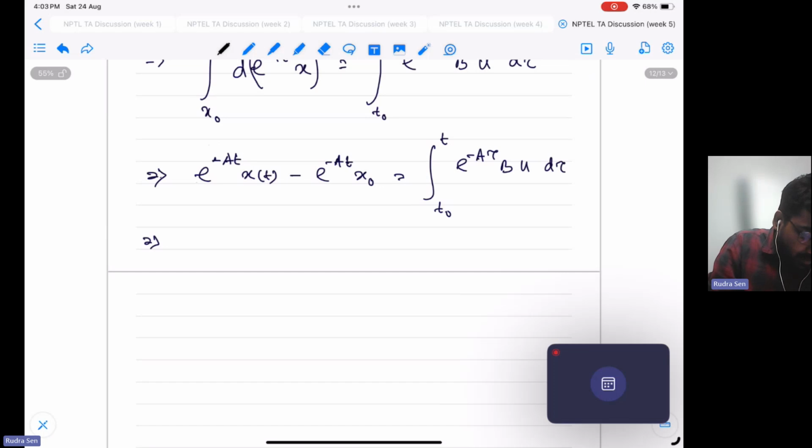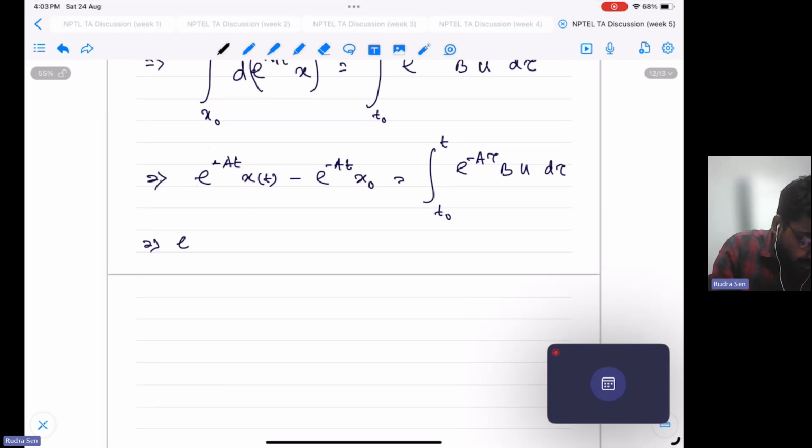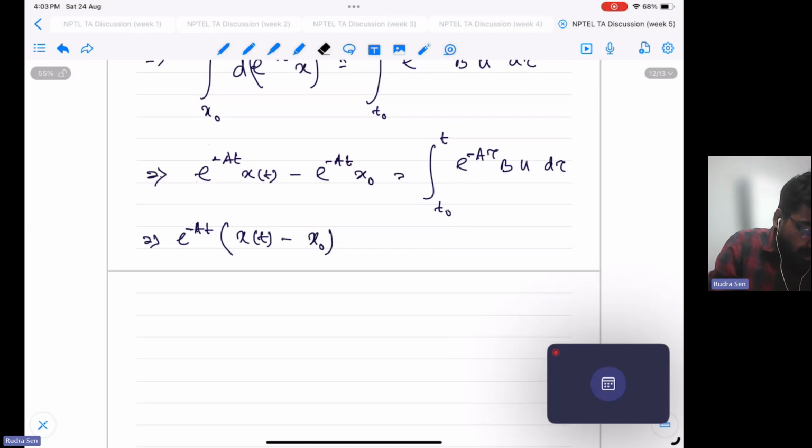If I take common e to the power minus At, we get x of t minus x of 0, and cross multiplying, the integral from t0 to t of e to the power A(t minus tau) Bu d tau.